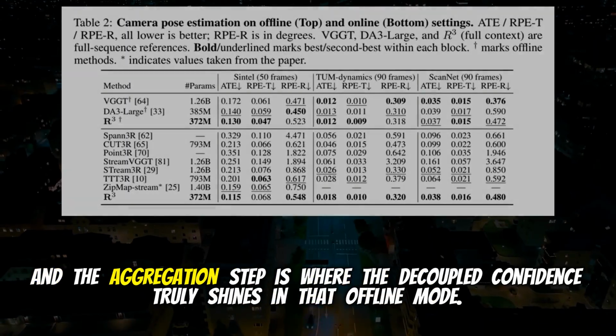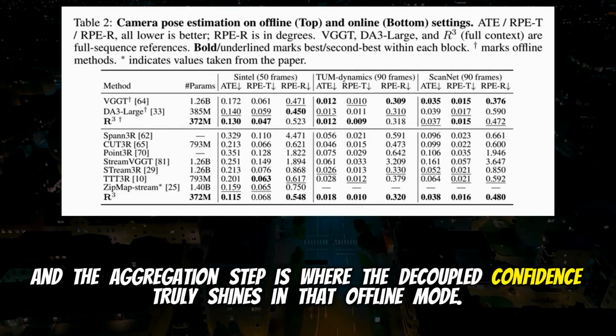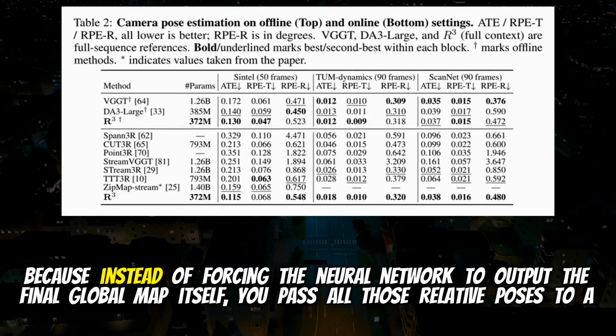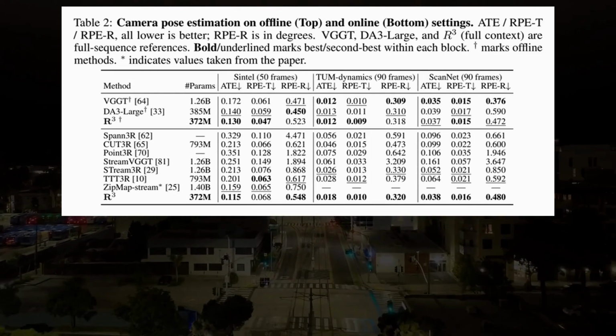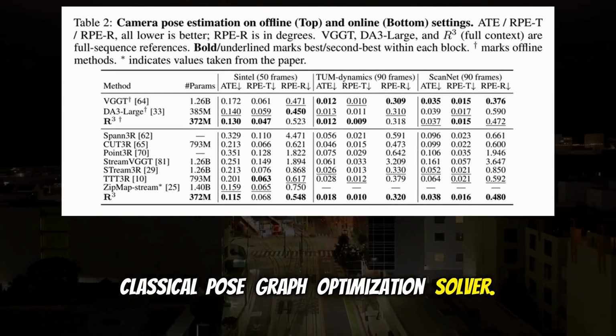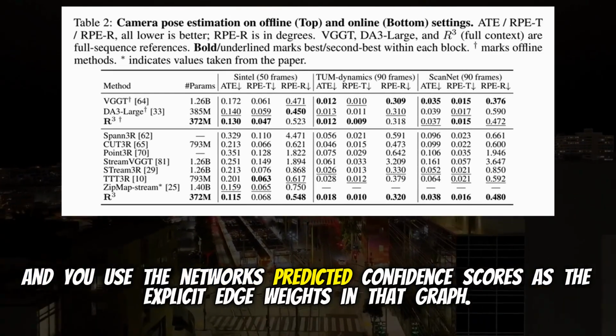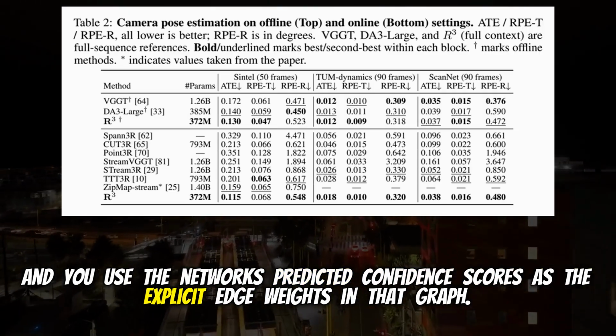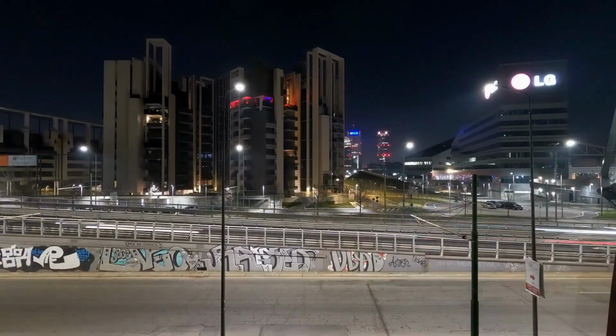And the aggregation step is where the decoupled confidence truly shines in that offline mode. Oh, absolutely. Because instead of forcing the neural network to output the final global map itself, you pass all those relative poses to a classical pose graph optimization solver. And you use the network's predicted confidence scores as the explicit edge weights in that graph. I love this part.